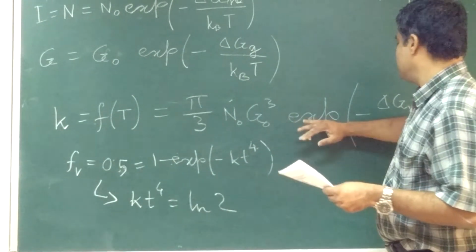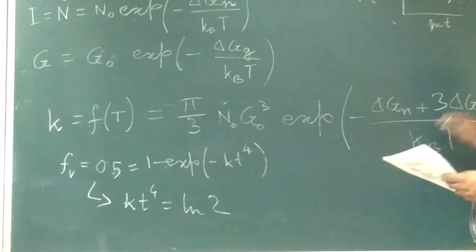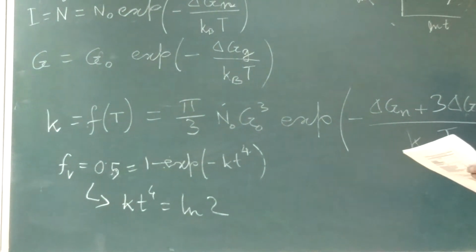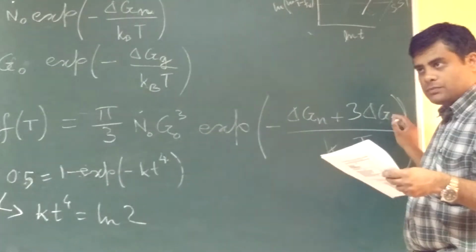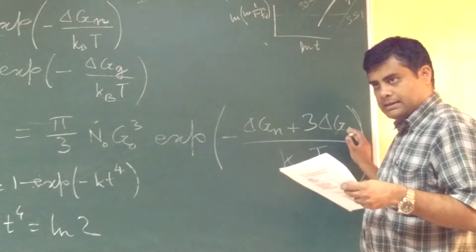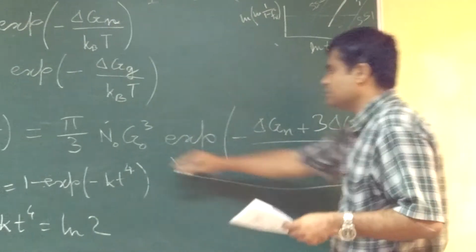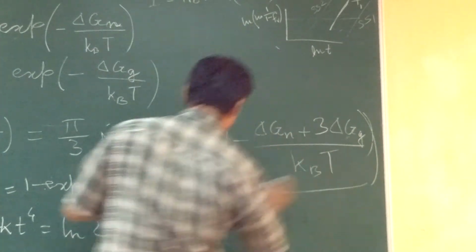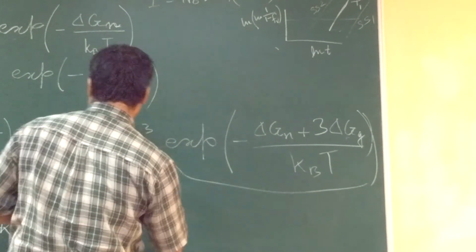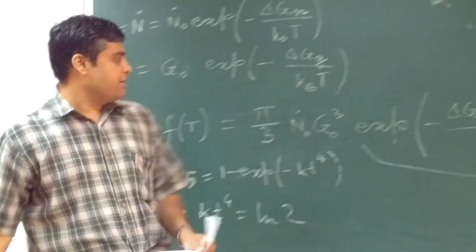Your k is this one. So this times t to the power 4 equals a constant. That means this exponential part, whatever it is, multiplied by t to the power 4 is constant.